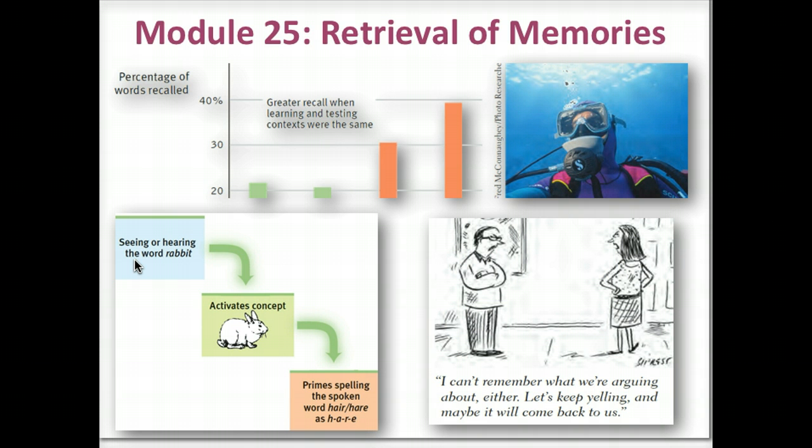If we see or hear the word rabbit, if we think about a rabbit, we read a story about a rabbit, fill in the blank, doesn't really matter. Anything that has to do with a rabbit, that word elicits a visual picture. And remember, we think in pictures, we do not think in words. So when we hear the word or see the word rabbit, we create a mental picture.